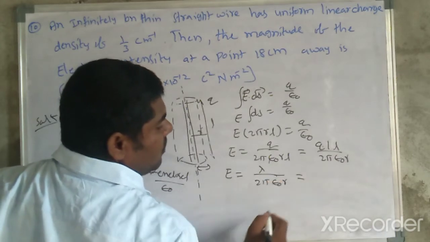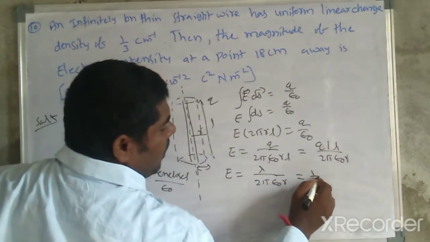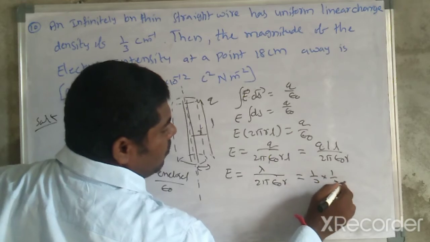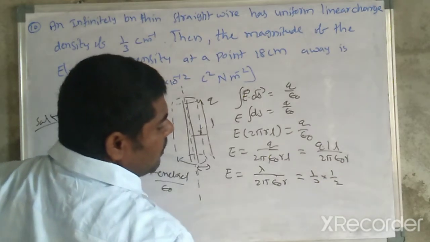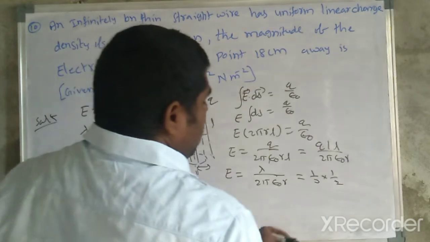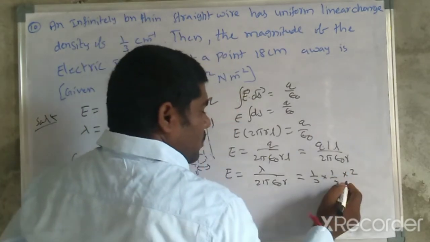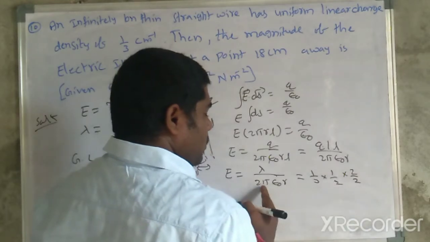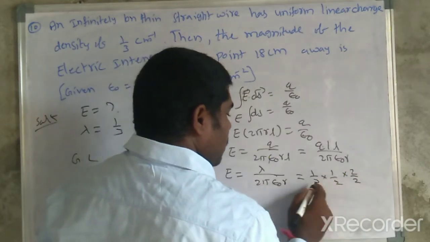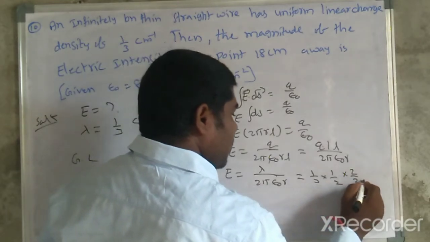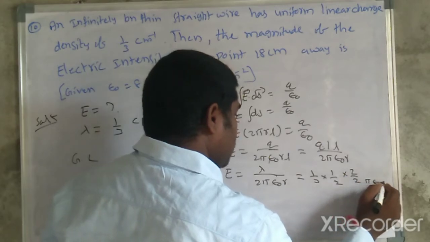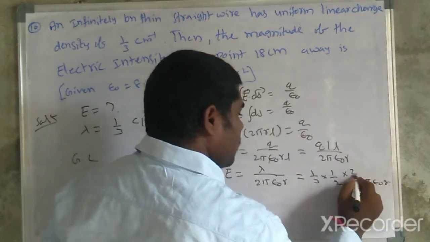The lambda value they gave is 1 by 3 and here 1 by 2, so multiplying and dividing by 2, we get 4 pi epsilon naught r.